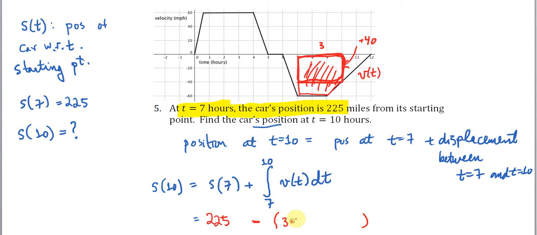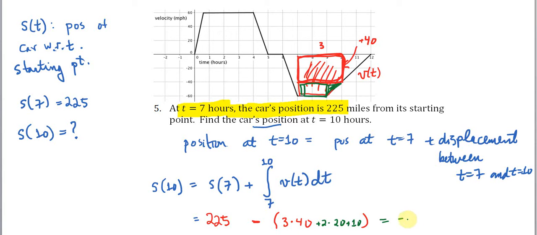So 3 times 40, and then you have 2 more boxes here, 2 times 20, plus half of a box, so this region right here is 1/2 times 20, or 10. Putting all this together, we get negative 120 plus 40 plus 10.